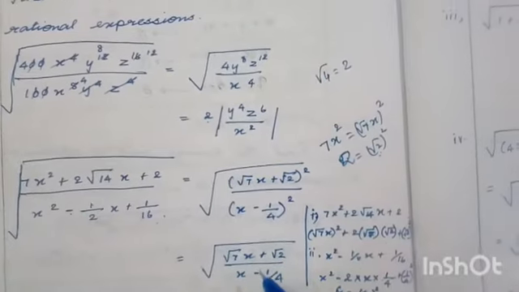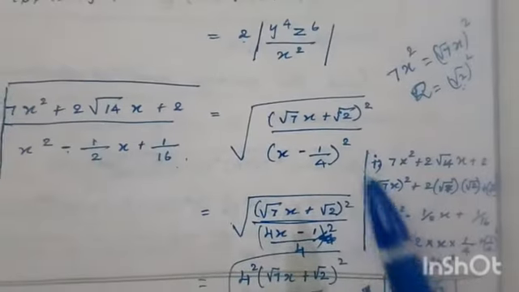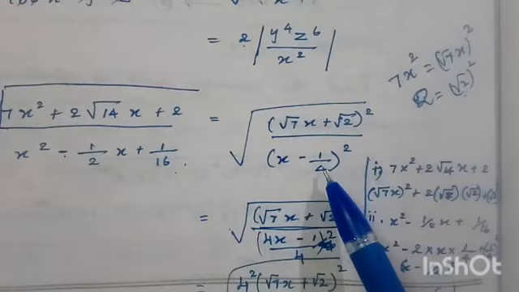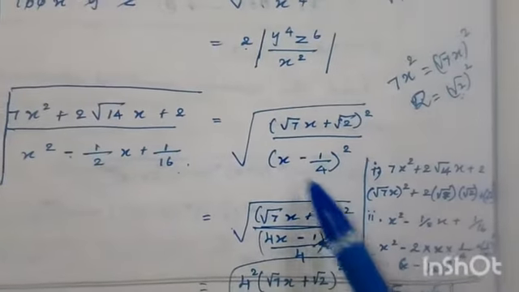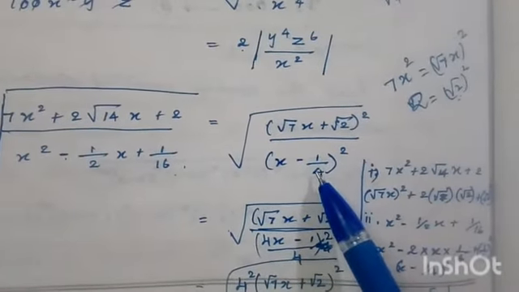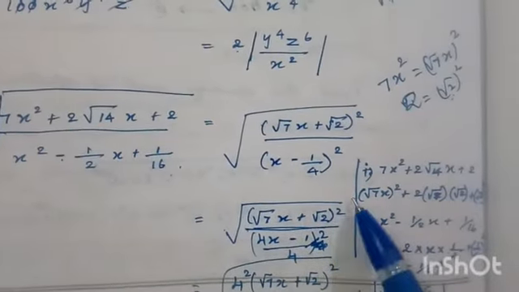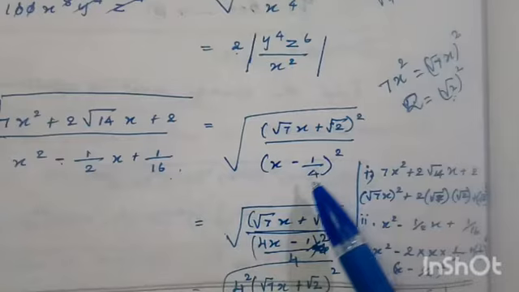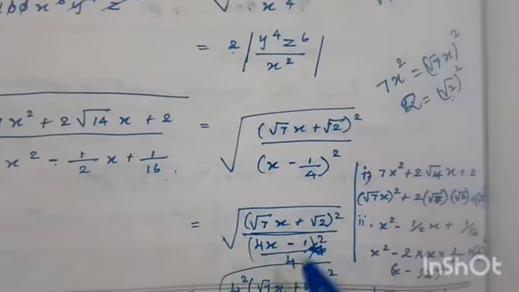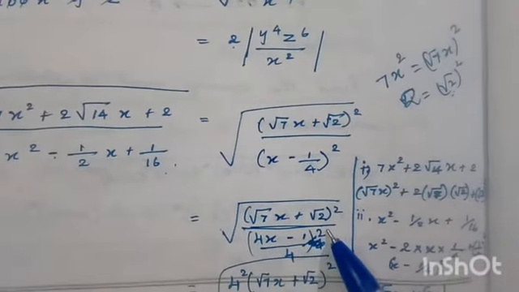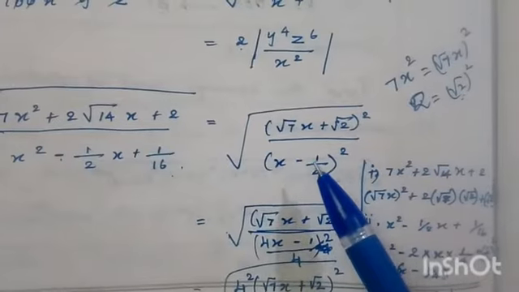So now, in the denominator we have one fraction term. So in that denominator you have to take an LCM inside the bracket. So this is rewritten as root 7x plus root 2 whole square by 4x minus 1 whole divided by 4 whole square. For inside the bracket you have to take an LCM.